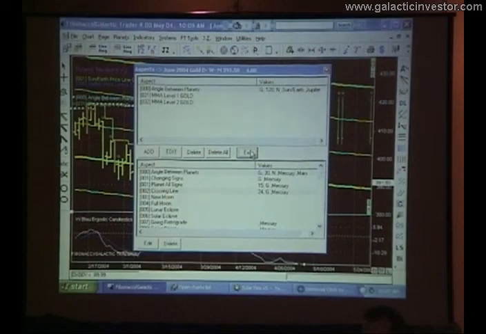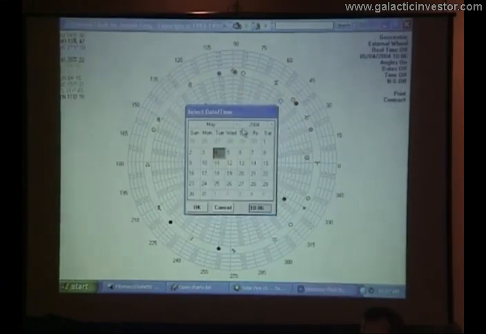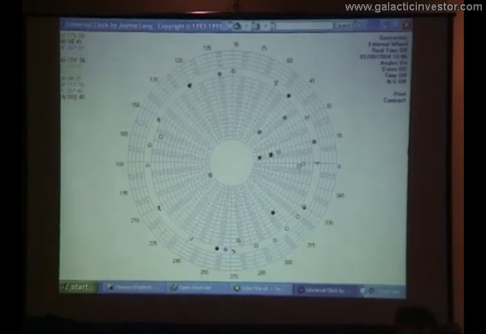But I want to go back to the universal clock. If we set the date in January, I think it's around the 8th, you can go to page 9 in your book.